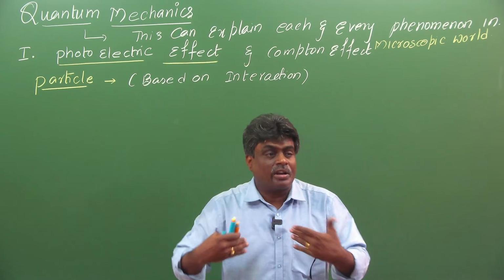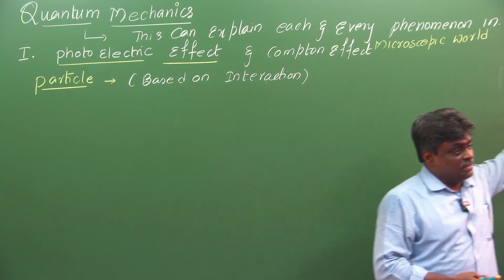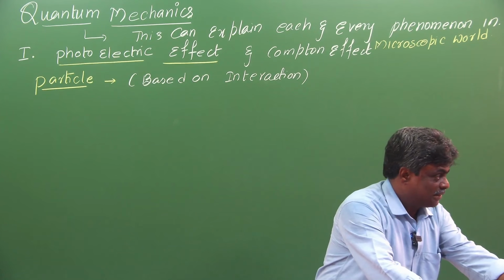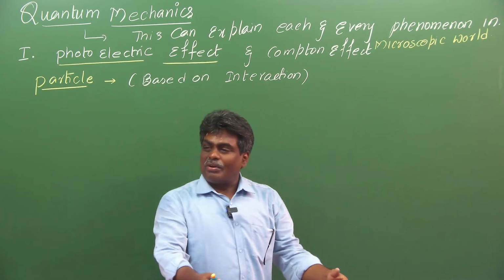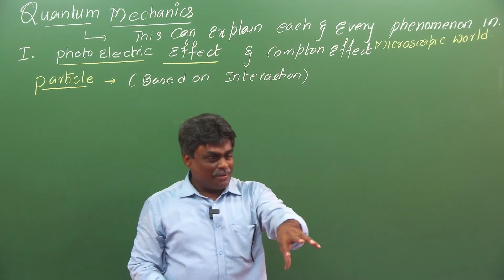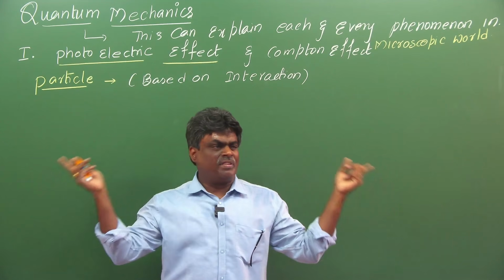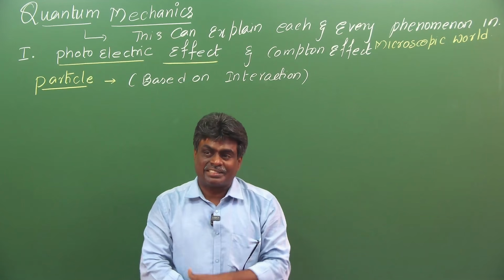Interaction here does not mean talking. That is a different interaction, nowadays everything is virtual interaction. I am asking about the real interaction. Whenever you consider a student in this classroom, he is interacting with each and every student of this classroom through gravitational interaction.